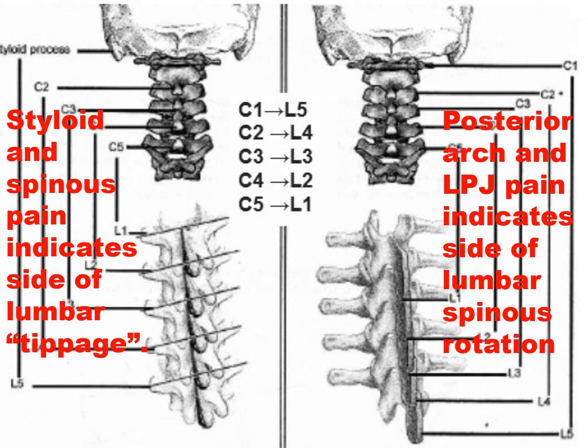The LPJ will be painful on the side of its associated Lovett Brother lumbar spinous rotation. So we have drawn here PR, all of the lumbars. So we have palpatory pain over the posterior arch of atlas and the LPJs of C2, 3, 4, and 5 on the right, which is the side of spinous rotation.